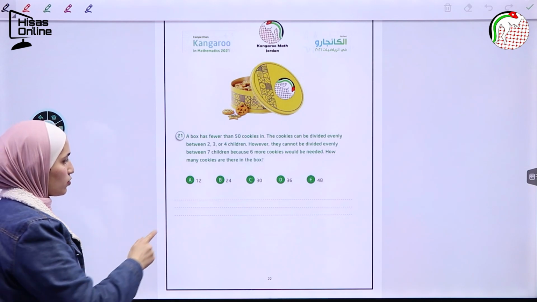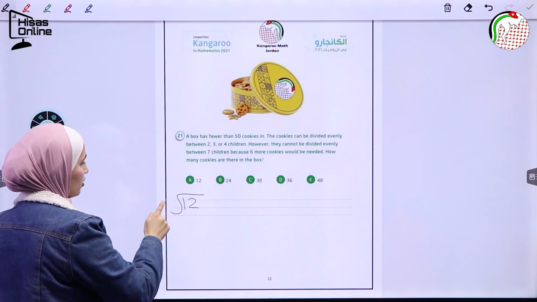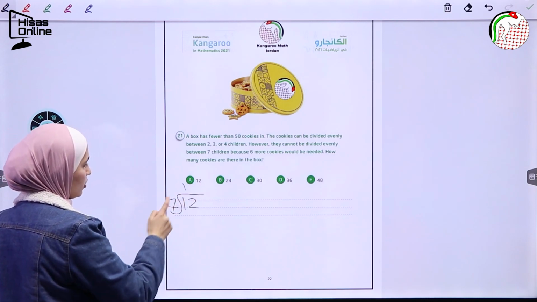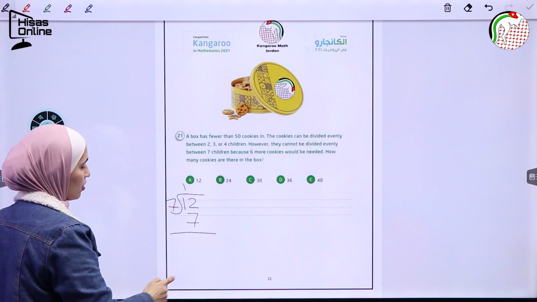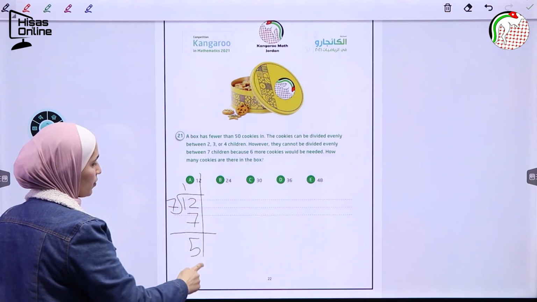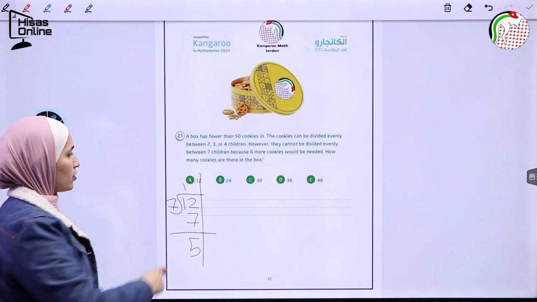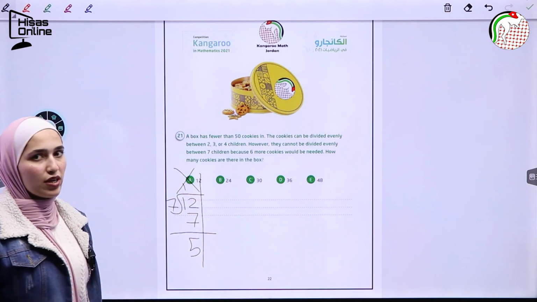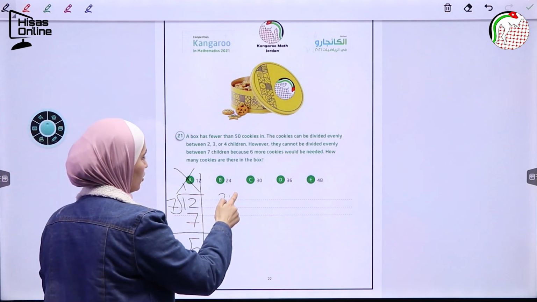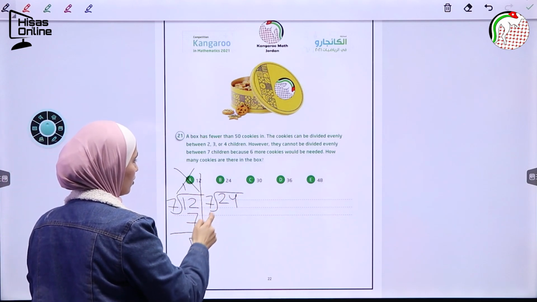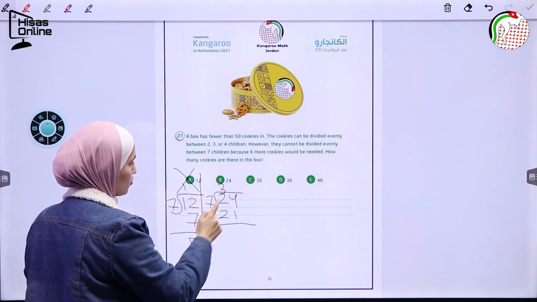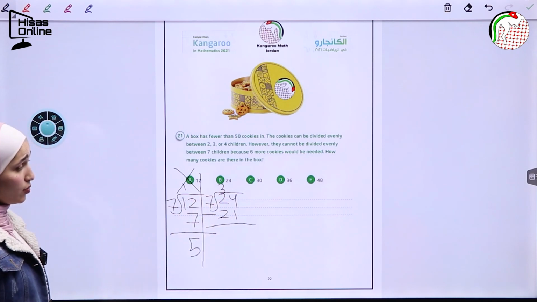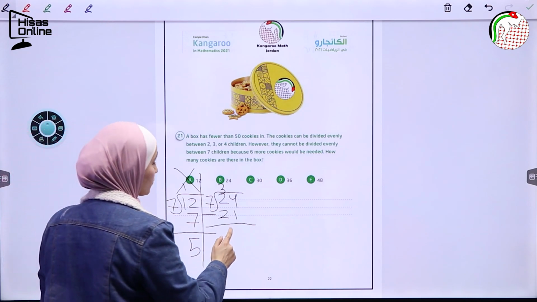So let's start with the 12. 12 divided by 7, so 7 times 1 is 7. 12 minus 7 equals 5. So the remainder here is 5. So this is not the answer. So 24 divided by 7 equals 3 times 7, 21. Subtract it. 24 minus 21 equals 3.